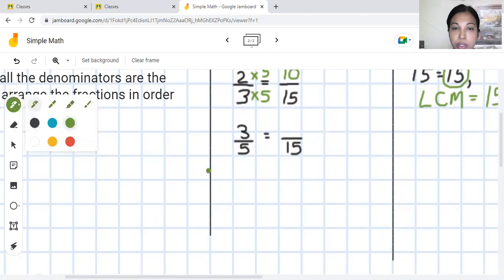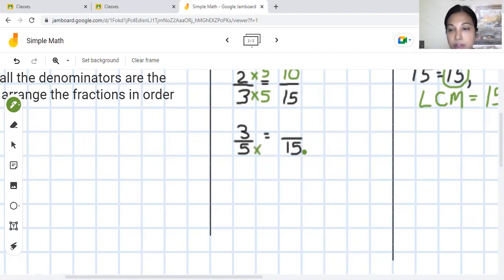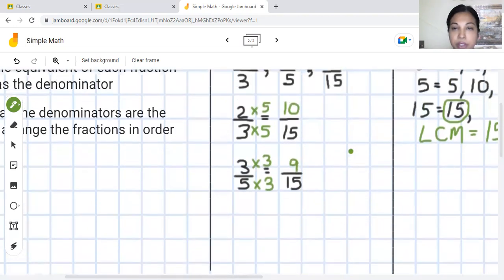So I'm going to ask myself the same question. 5, how do I get from 5 to 15? 5 multiplied by something will give me 15. 5 times 3 is 15. And whatever I do to my denominator, I'm doing it to my numerator. So 3 times 3, or 3 multiplied by 3, would give me 9. So I got 9/15 there.